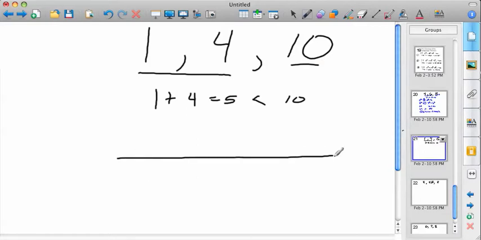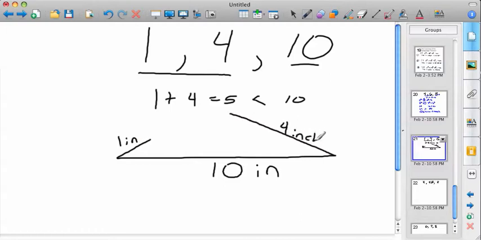If this was 10 inches, and this would represent 1 inch, and this length would represent 4 inches, there's no way that the two points could meet. We need one or either of those to be longer, or 10 to be shorter, to make a triangle even. So this one's not a triangle.